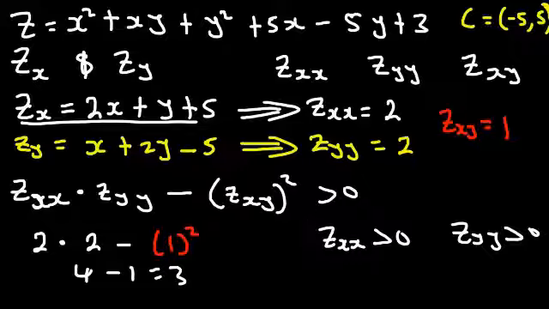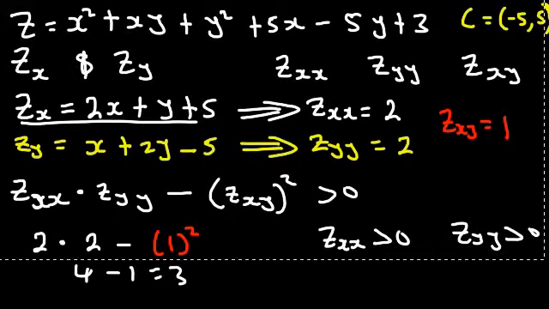Example number 2. The question says: determine the stationary values of the following function. Oh, the previous example also asks us to find the stationary value. My bad, we are going back to example number 1.